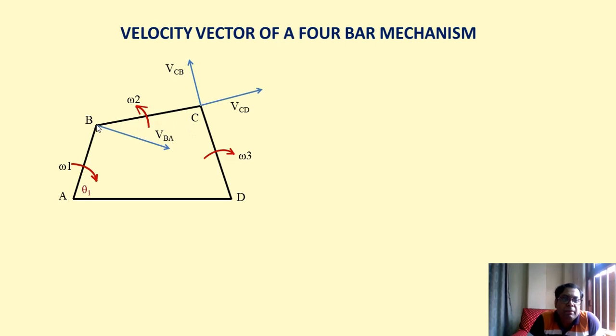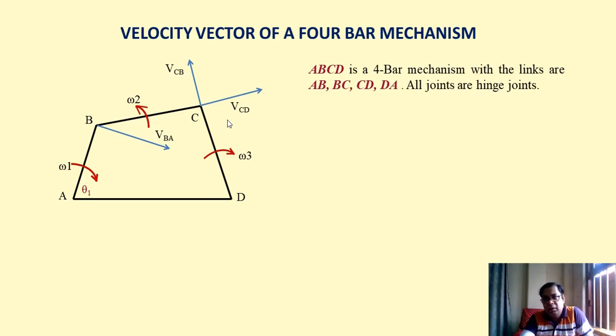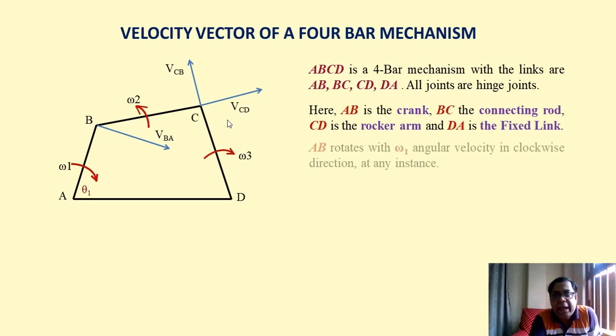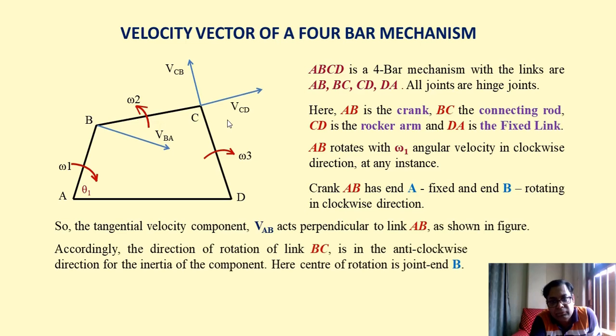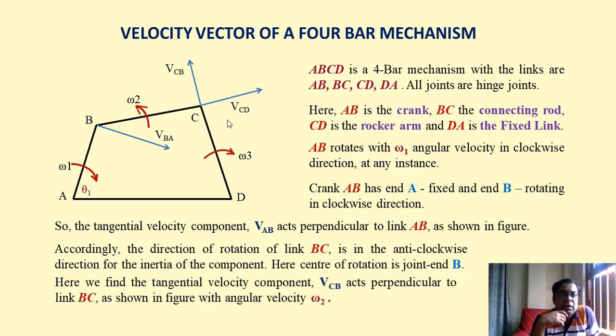Because with respect to B, C is rotating in the anti-clockwise direction, so with respect to D, C also will rotate in the clockwise direction, and so on. So the velocity component will be VCD, just like this, which is actually explained over here simultaneously. So we got omega 2 and omega 3 over here.